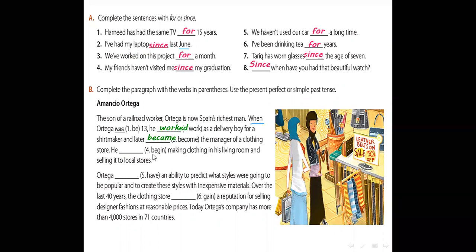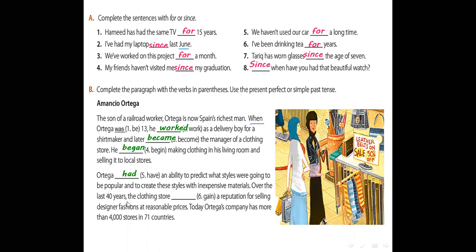He began. What is the past form of begin? Began. Making clothing in his living room and selling it to local stores. Ortega had an ability to predict what styles were going to be popular and to create these styles with inexpensive materials. What is the past form of have? Had. Perfect.